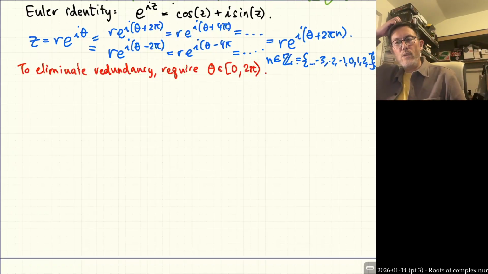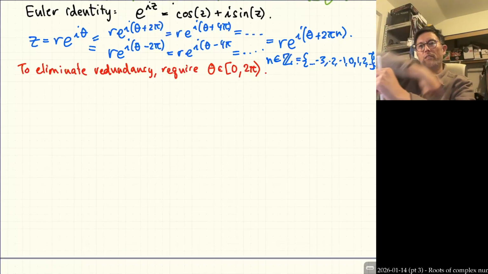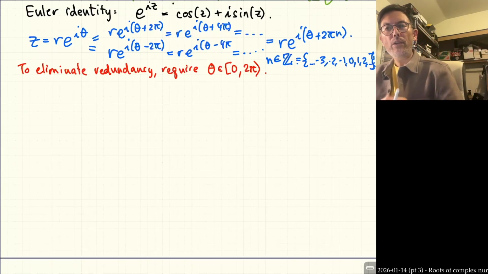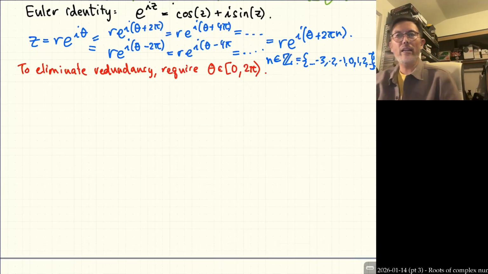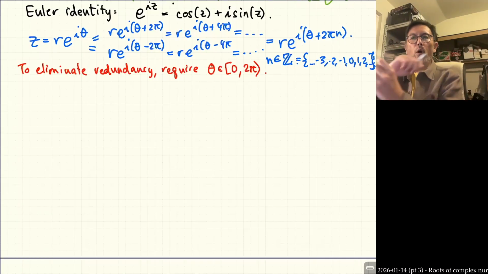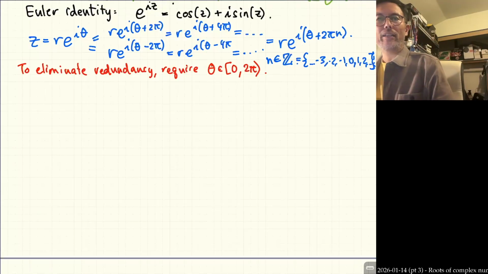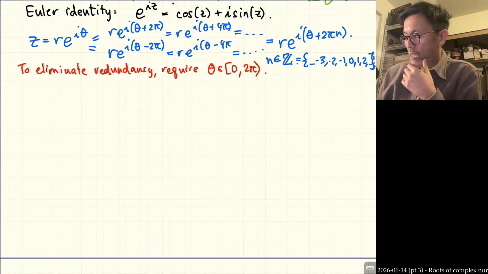If we require theta to live in this interval, then we won't get this kind of redundancy that comes about by the 2 pi periodicity of cosine and sine. It's like going through one full wavelength, but no more, of cosine and sine. Does that make sense?